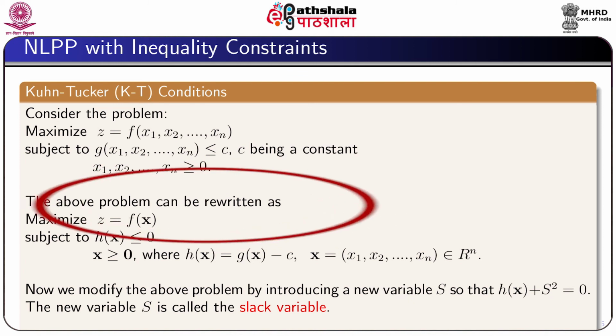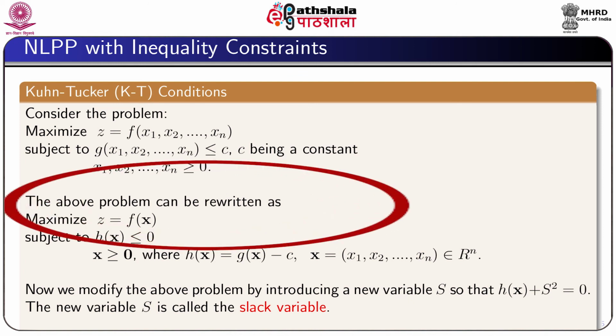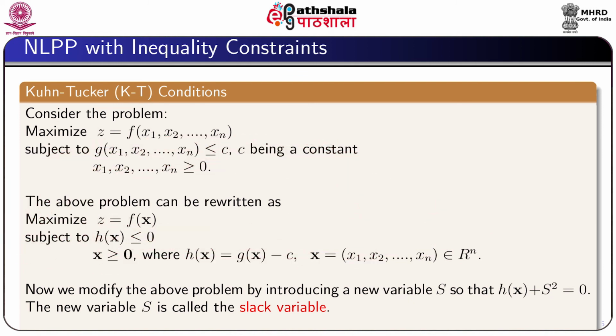This problem can be rewritten as maximize z equal to f(x) subject to h(x) less than equal to 0 and x greater than equal to 0, where h(x) is equal to g(x) minus c and x belongs to Rn.